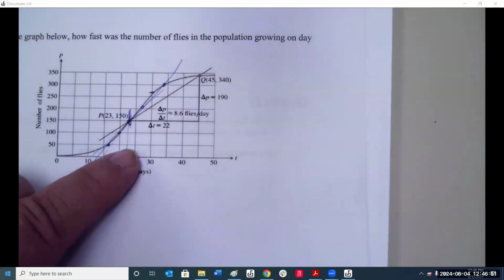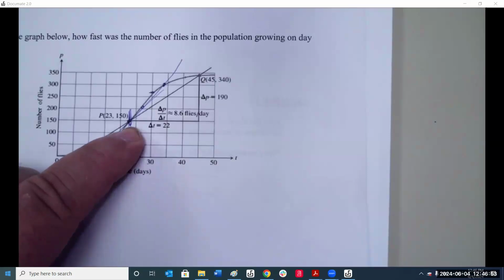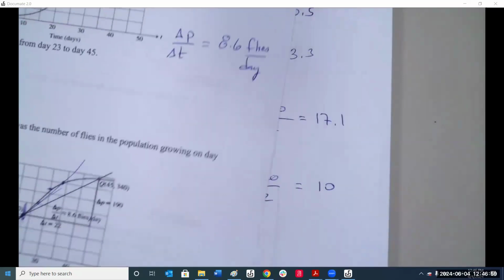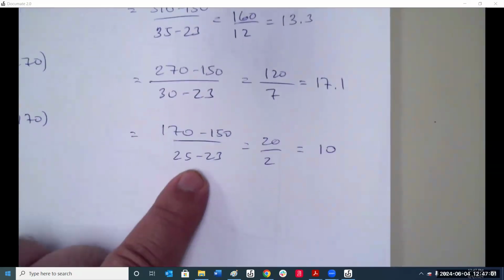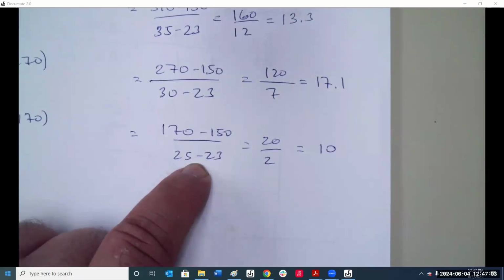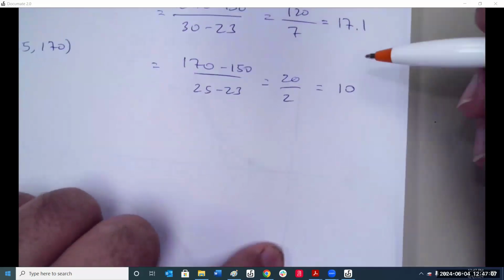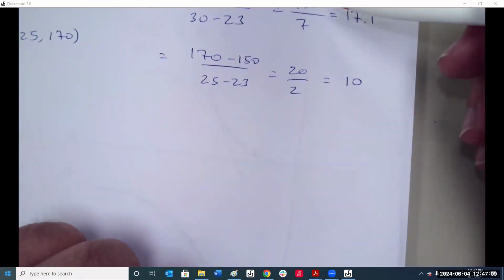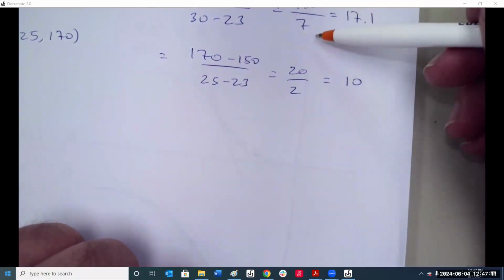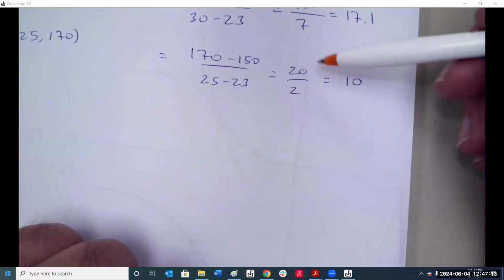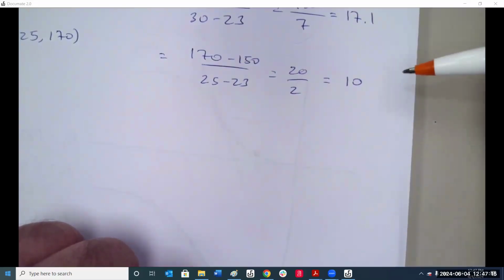At 25, just do the 120 over 7, and then 20 over 2, it's pretty straightforward, unless that's not 170.